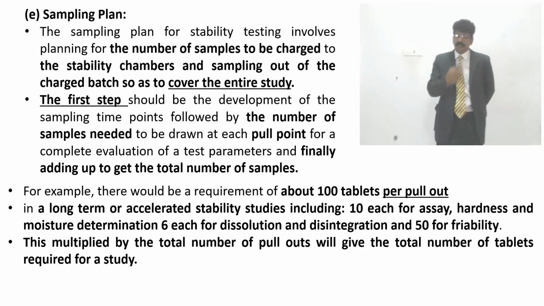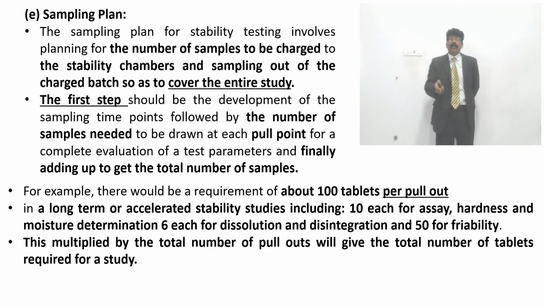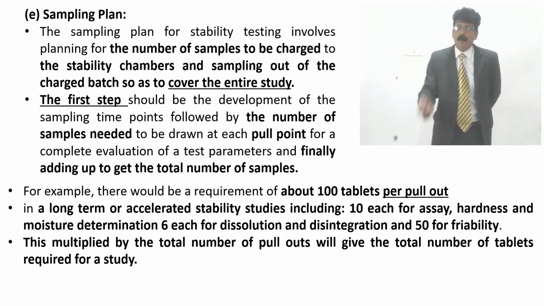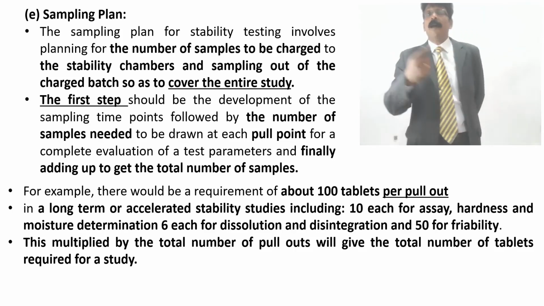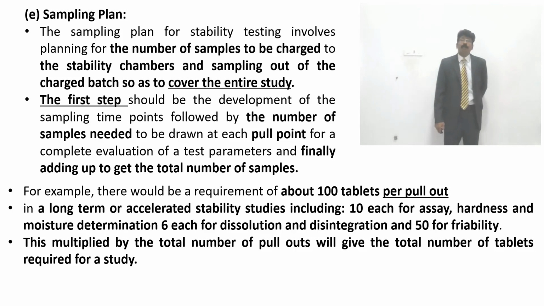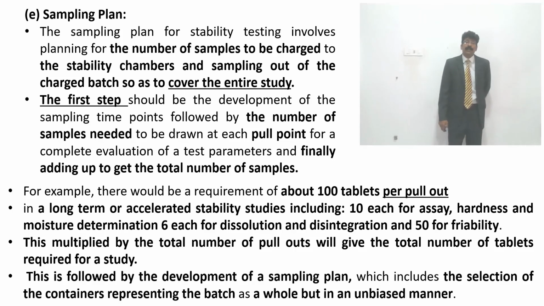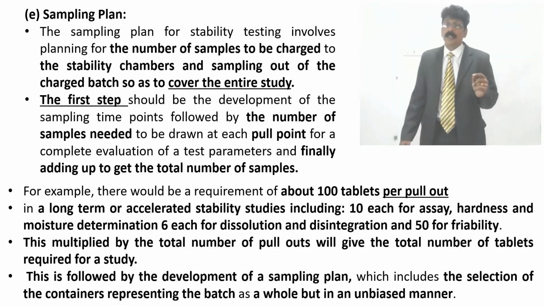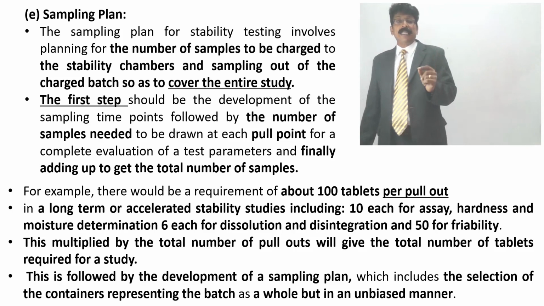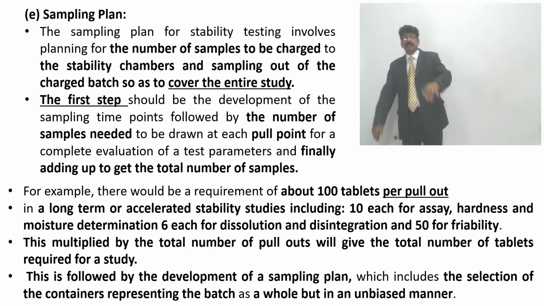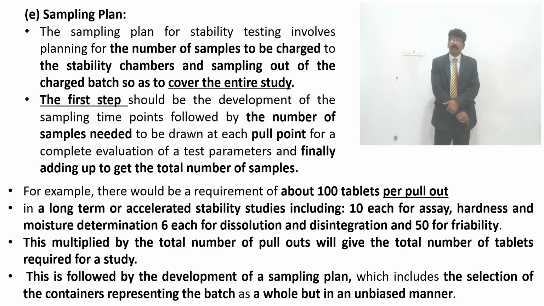Same thing, how many samples you have taken in a cream, how many for a capsule, how many samples have been taken for a raw material. So all this makes a sampling plan. This is followed by development of a sample plan which includes a selection of containers representing the batch as a whole, but in an unbiased manner.